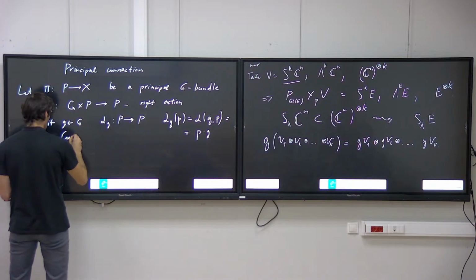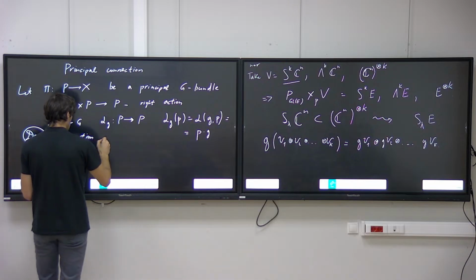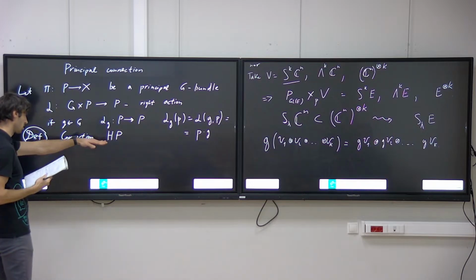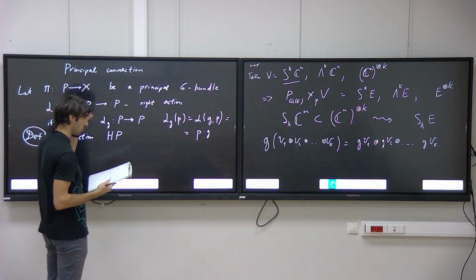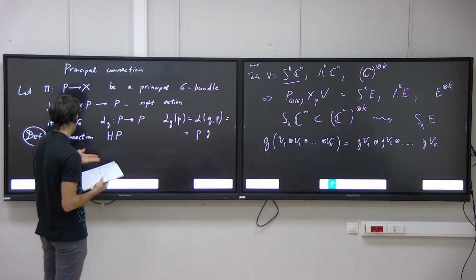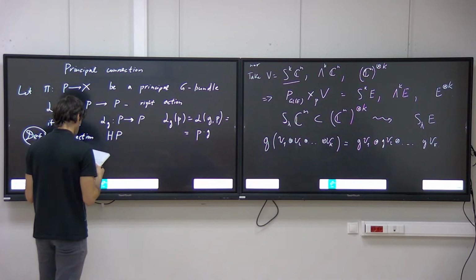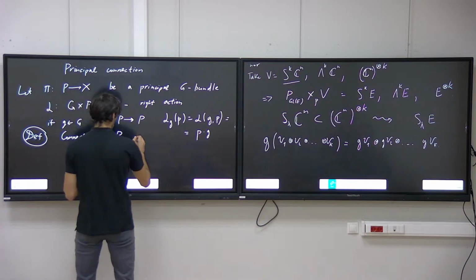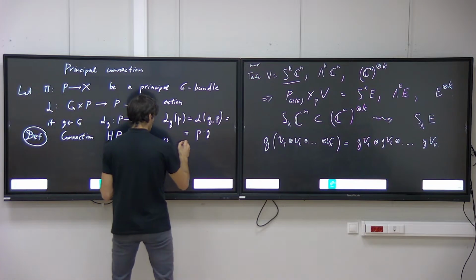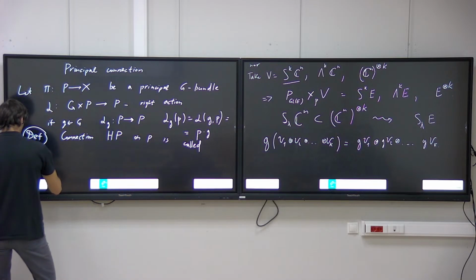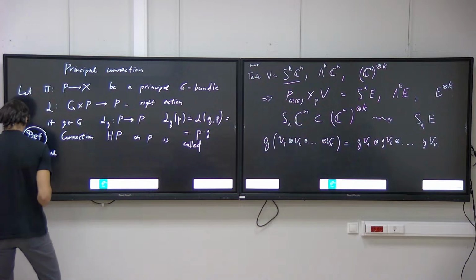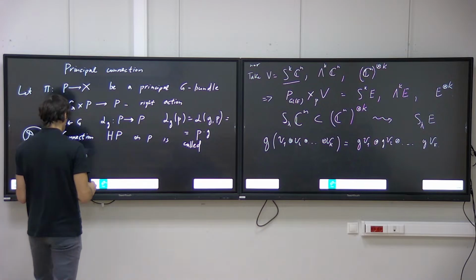And then by definition, a connection, well, AHP, so this is a choice of horizontal bundle on P. So P is in particular a fiber bundle, right? So I'm talking about an Ehresmann connection here, on P as a fiber bundle. It is called principal if it satisfies the following.